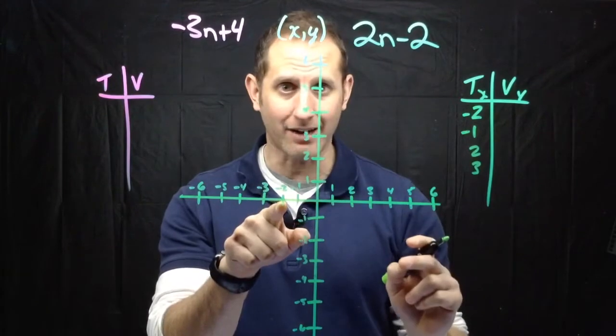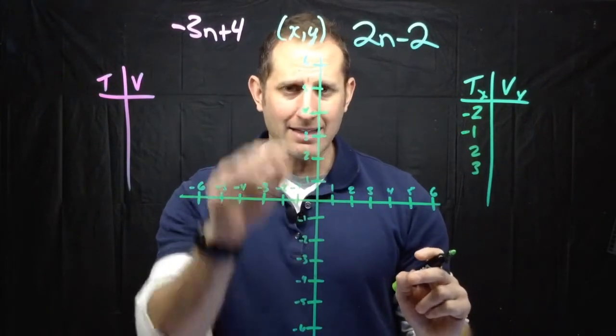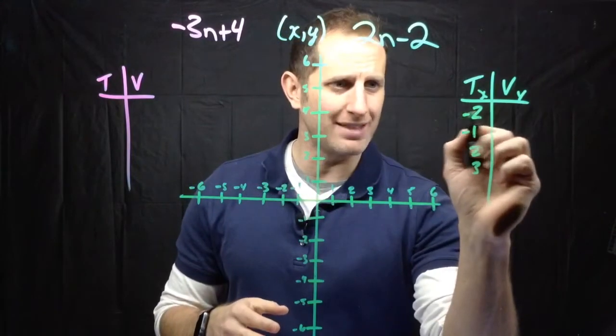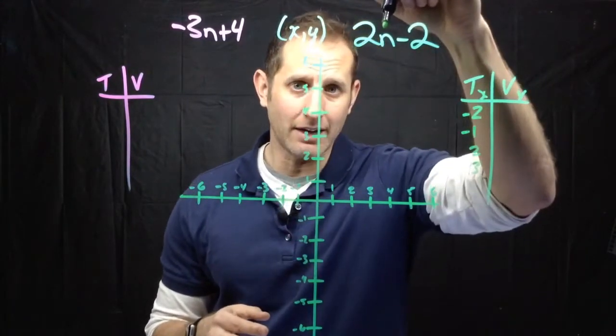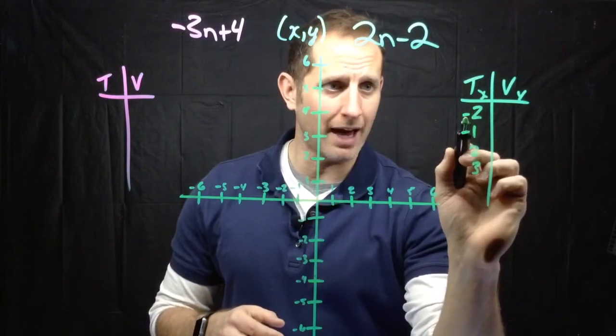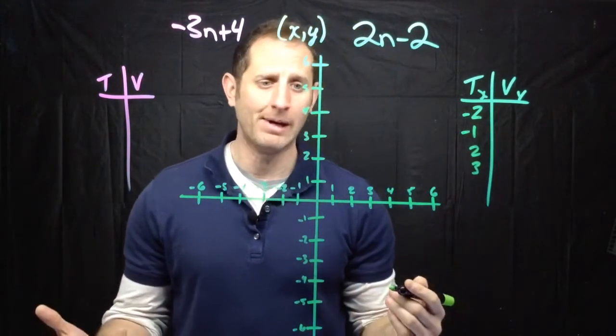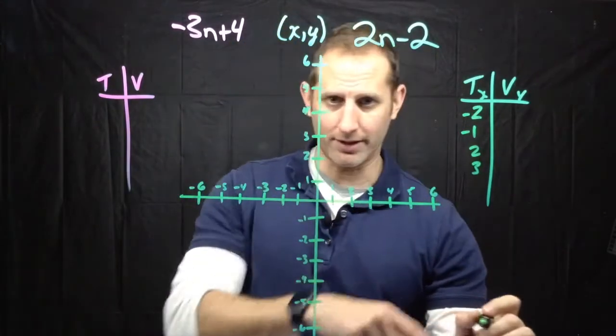This becomes my x. Now, the y is a little bit more difficult to figure out because you actually have to use this number inside of n. So I'm going to plug -2 into here and actually have to do some math. So this is how this would work. I'm just going to put it down here for a second.